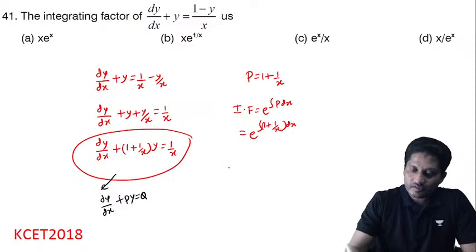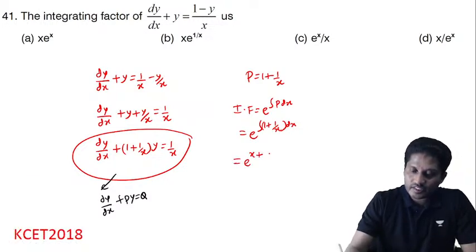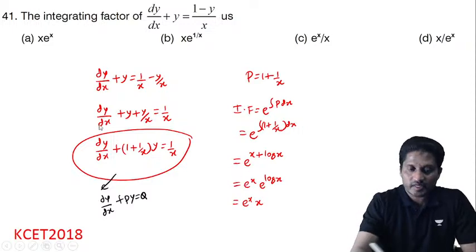Now this is e to the power of integration of dx is x, integration of 1 by x is log x. This is e power x into e power log x. E power log x is x only. Answer is option A.